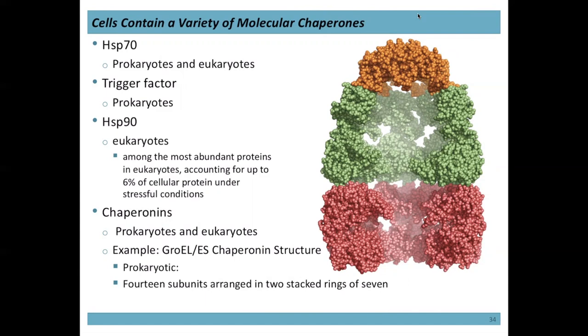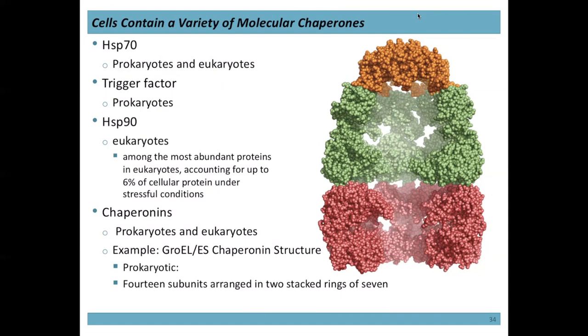If you are stressing out a cell, then the cell is going to produce proteins that help stabilize its important proteins. Then you have the chaperonins, found in prokaryotes and eukaryotes. The example we're going to spend some time looking at is the GroEL, GroES chaperonin structure, found in prokaryotic cells. It has 14 subunits arranged in 2 stacked rings of 7.